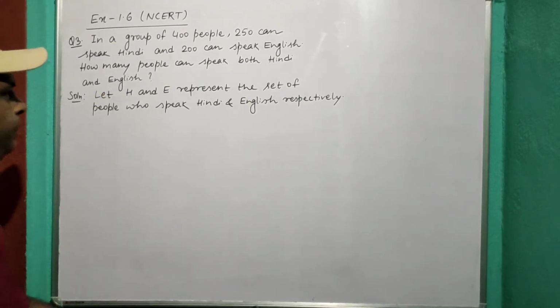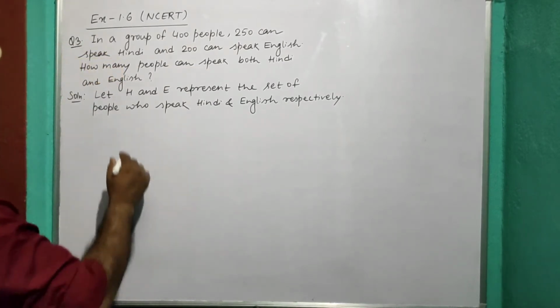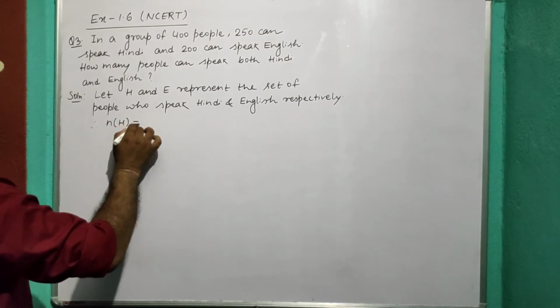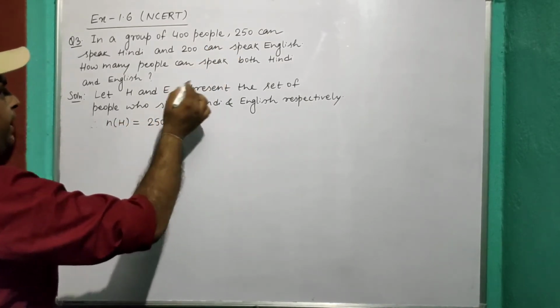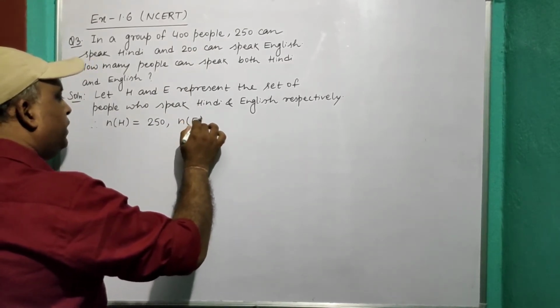So let H and E represent the set of people who speak Hindi and English respectively. So what is n(H)? Means number of people who speak Hindi, that is given to be 250. n(E) means number of people who speak English, that is given to be 200.